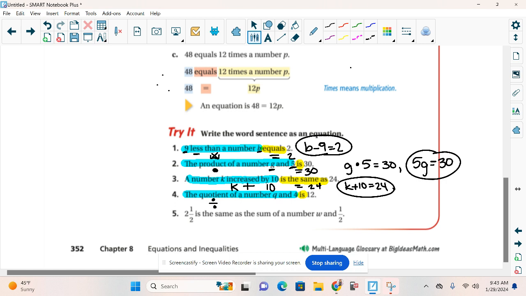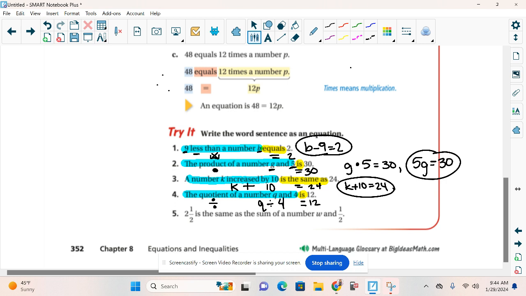Okay? So I've got equals 12. And what equals 12? Q divided by 4 equals 12. Another way we've learned to write division is with what? Or as what? A fraction. Very good.